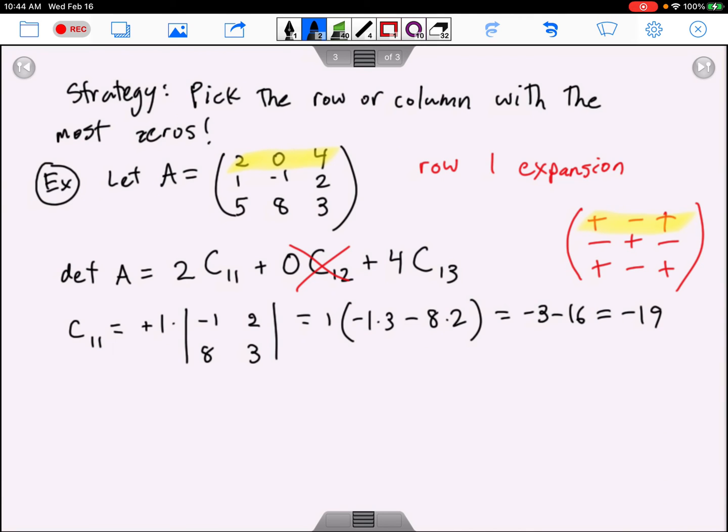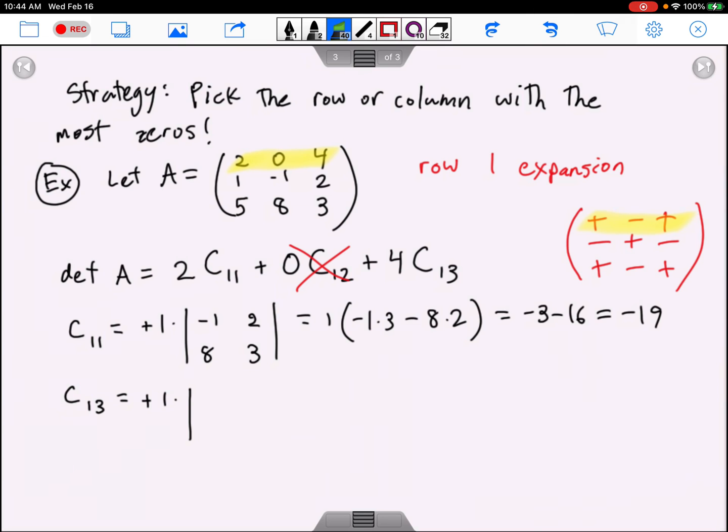And now we need to find the third cofactor, C13. So what's C13 going to be? We look at our sign chart here. We're still on the positive sign, aren't we? So it's still going to be a positive 1 times, and now I'm going to delete that row and delete the column of the element that we're on. And so we're left with a different 2 by 2 matrix.